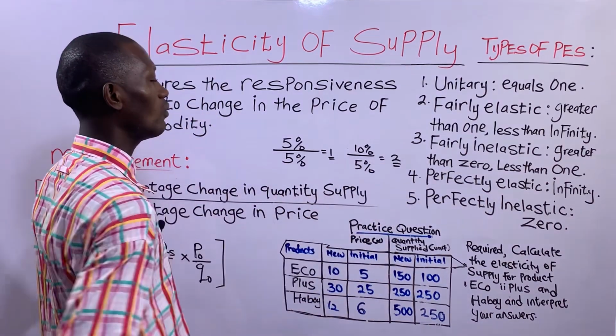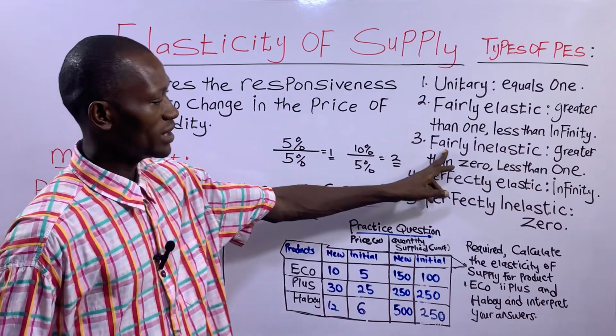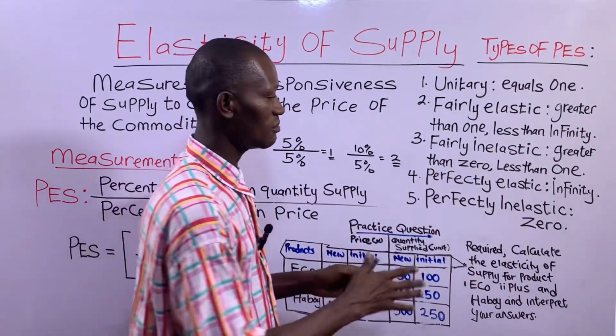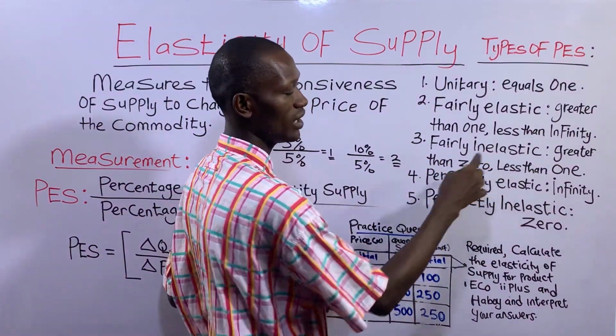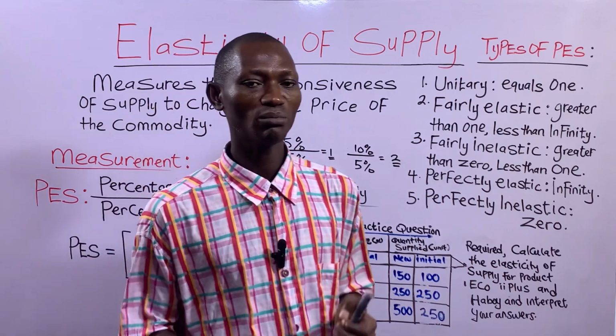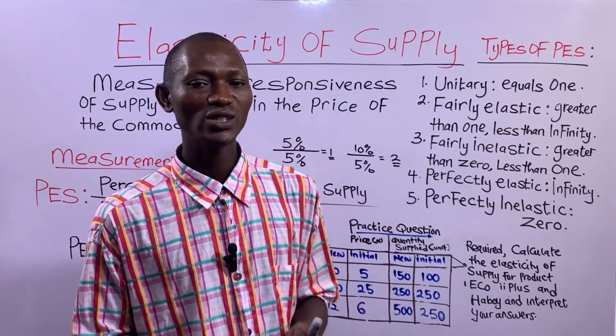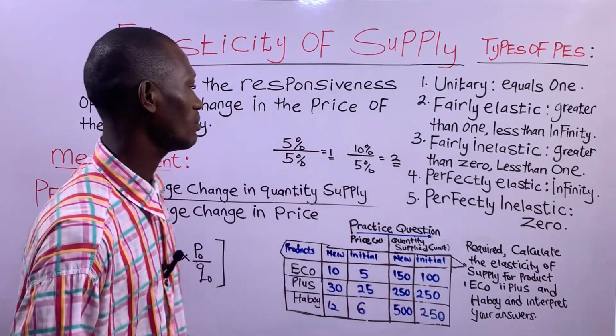So here, what do we have? We have a percentage change in price. That is how we come about this greater than 0 but less than 1. A percentage change in price brings about little change in the quantity supplied.